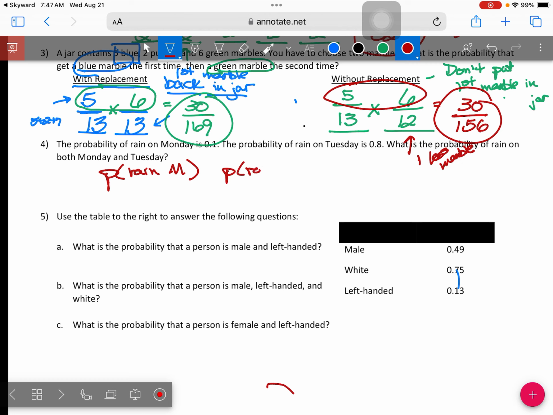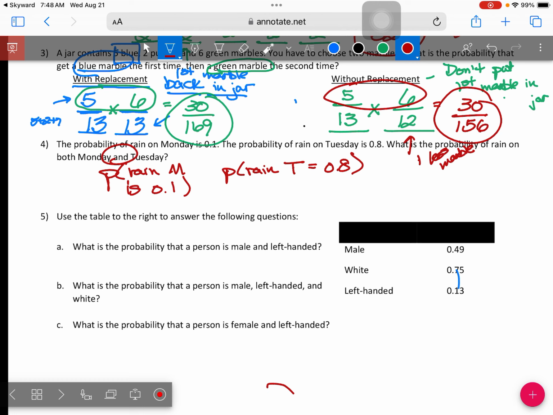I should have put that over here. What is the probability of rain on both Monday and Tuesday? So this is that and statement.